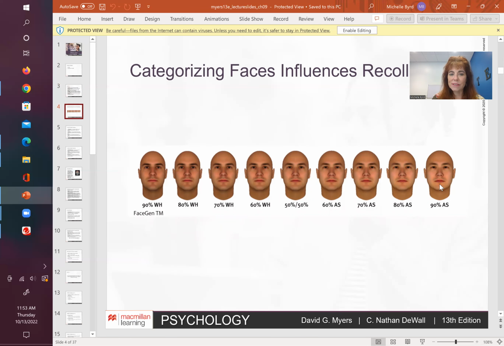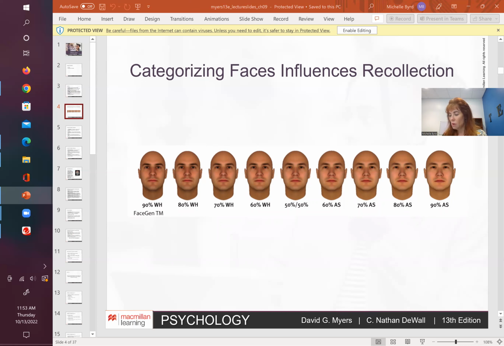So now this is interesting, categorizing faces' influence on recognition. If you look at page 326 in your text, figure 9.1, categorizing faces influences recollection.